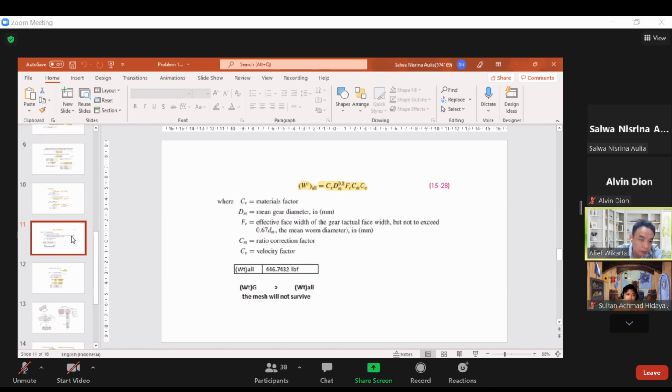Which example, Mbak? What number? Example 53, sir. Page number 814. So this is the example, yes.